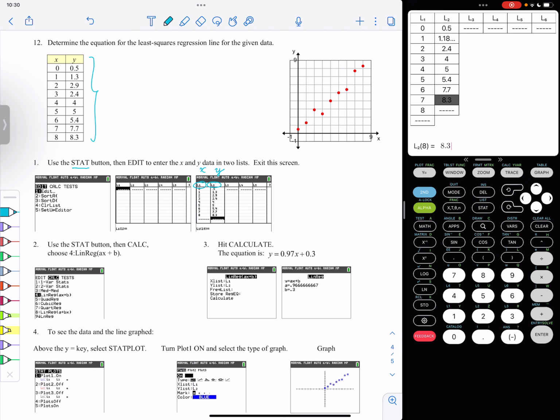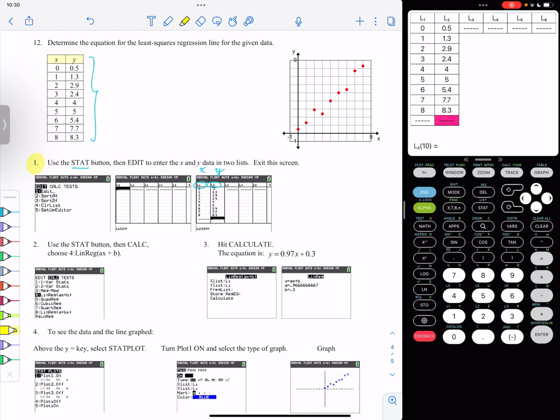Okay, so we have actually finished step number 1. Let me check. Oh yes, I can see it right here. So we have 0.5 and then 1.3. I really forgot that point, didn't I? And it maybe gave you a little bit more time to enter your values.